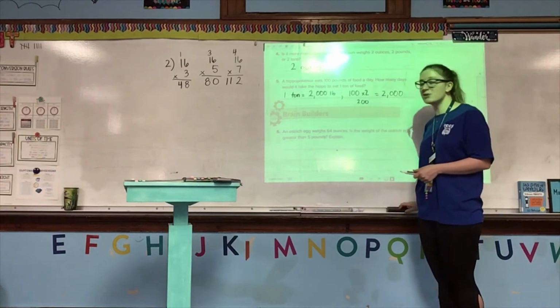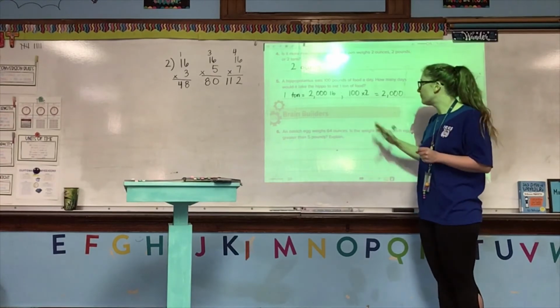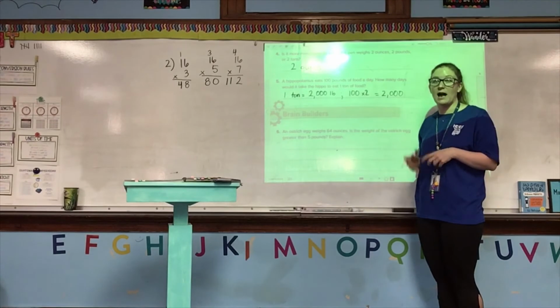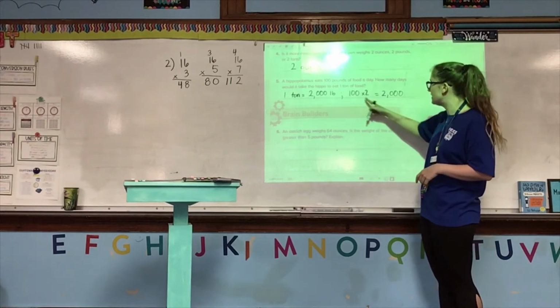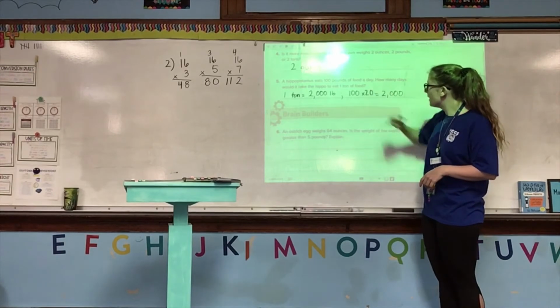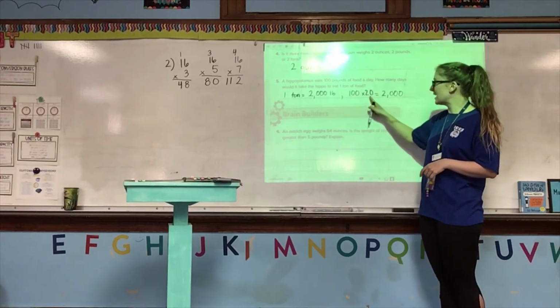That's only 200, so that means we have to put an extra 0 in there somewhere. We can't add it to the 100 because we can't change how many pounds of food the hippopotamus eats each day. So we're going to take that extra 0 and put it at the end of the 2. So now we have 100 times 20.